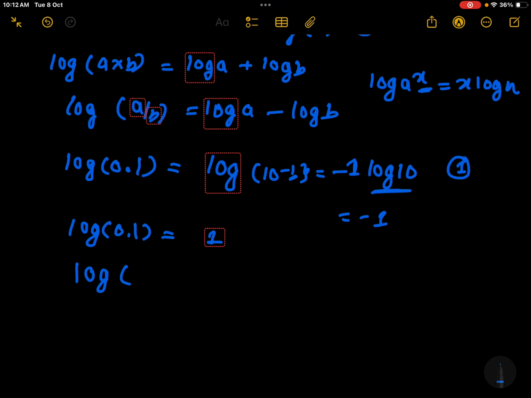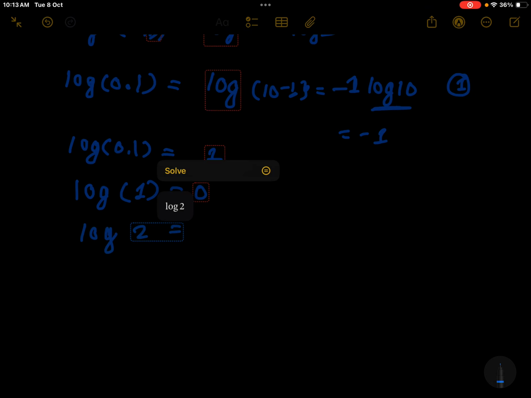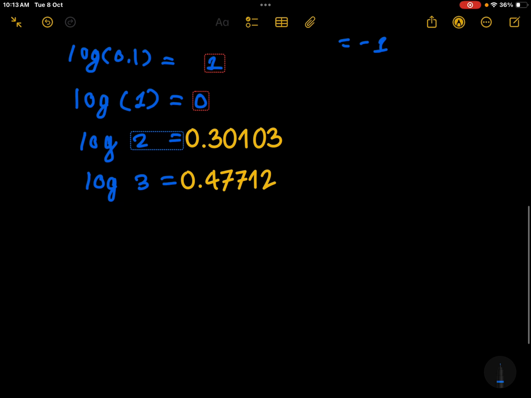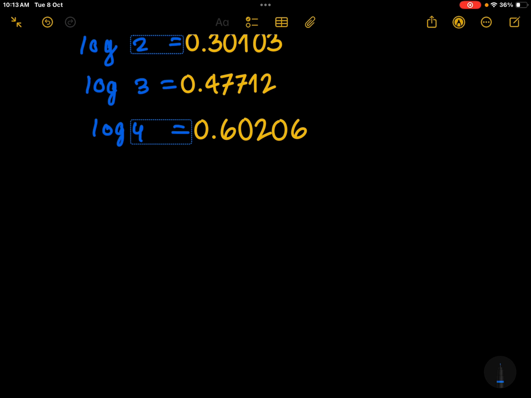Log of 1 is equal to 0. Log of 2 is equal to 0.3103. Then log 3 we get 0.47, and log 4 we get 0.60206.